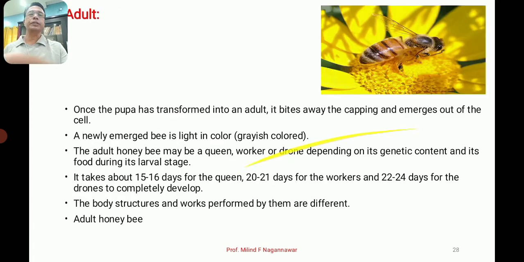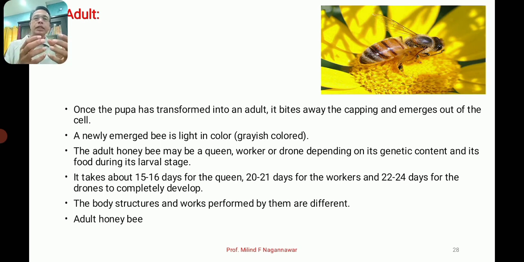The next stage is the adult one. Once the pupa has transformed into an adult inside the cocoon, it has to emerge out of the cell by biting away the caps of the cell which were covered by the worker bee.